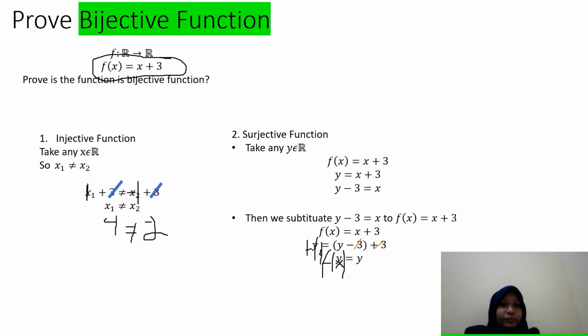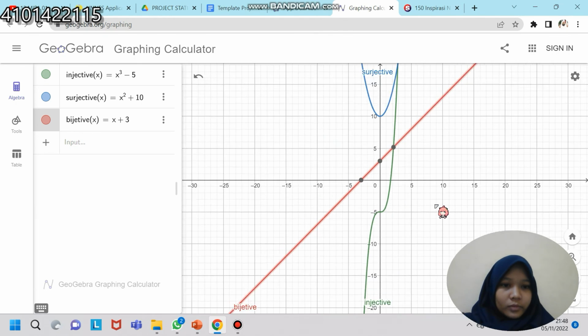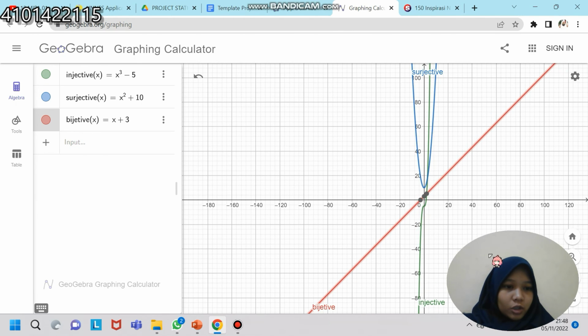Okay. Next, the last part is the graph. Now let's see what the graphs of the three functions look like. Can you see this one?